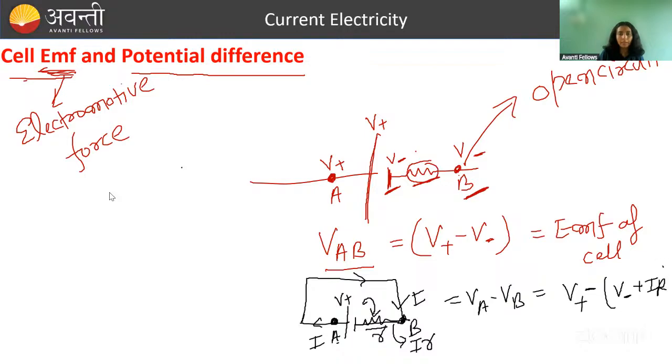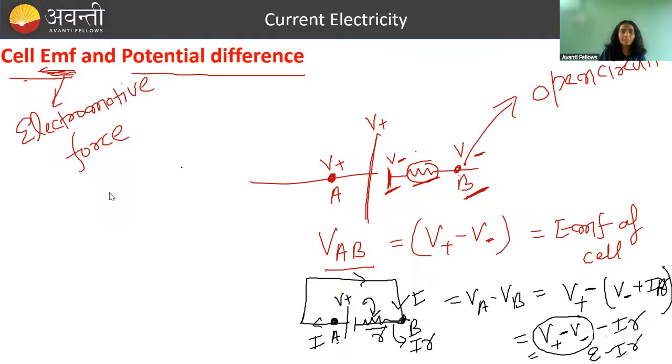I will tell you why it is becoming plus. ये हम तब करेंगे when we will learn KVL. ठीक है? अभी के लिए बस ऐसे देख लेते हैं. So V plus minus V minus IR. So this is equal to what? This is V plus minus V minus is what? EMF of the cell. So E minus IR. Done it? So there is two terms, EMF and potential difference.